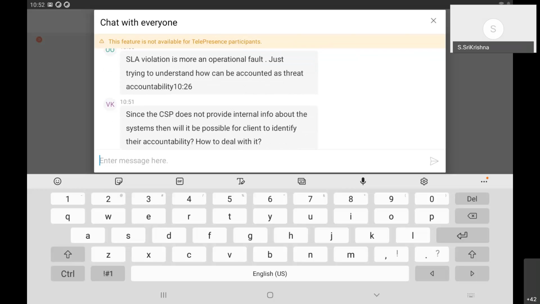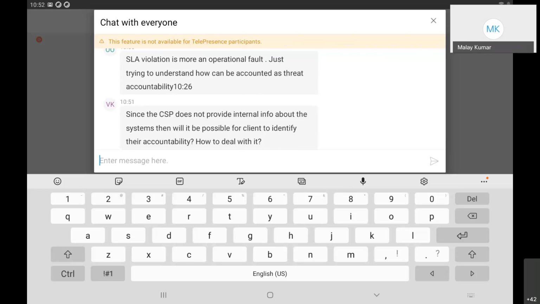like you make an agreement. There is an agreement between a cloud service provider and the client, and the agreement is about providing the user a quality of service.